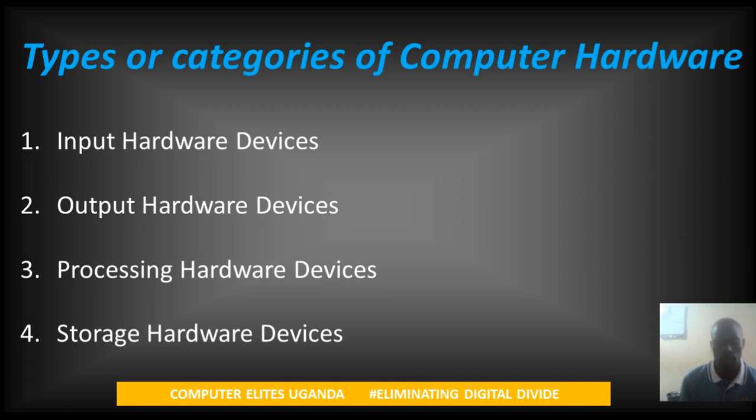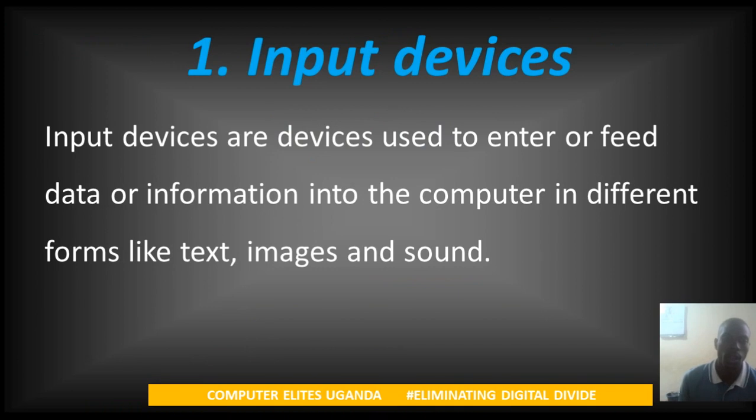Now let us understand what input devices are, together with examples of these devices. Input devices are devices used to enter or feed data into a computer in different forms like text, images and sound.